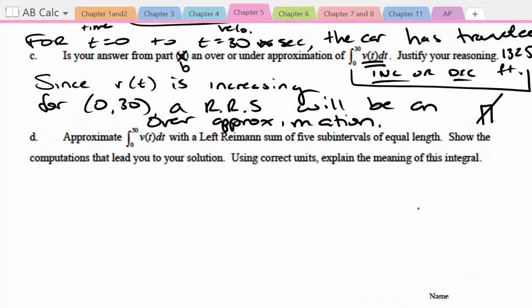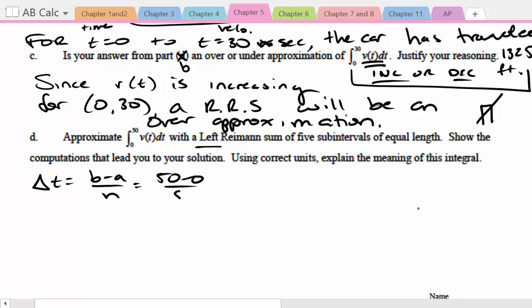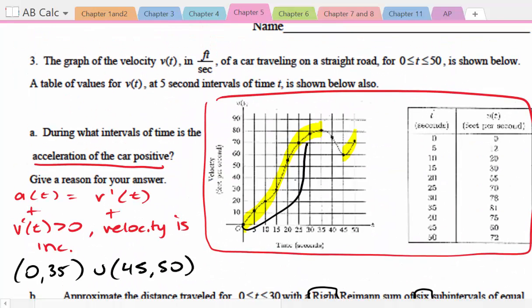D, approximate the integral from 0 to 50 of v of t using the left Riemann sum. So it's very similar to part B, except now the interval is wider and I have 5 subintervals. Once again, delta t equals b minus a over n, so 50 minus 0 divided by 5 gives me 10. So I can put a 10 on the outside, but then since it's a left Riemann sum, if the first rectangle stretches from here to here, a left Riemann sum would be using the 0.